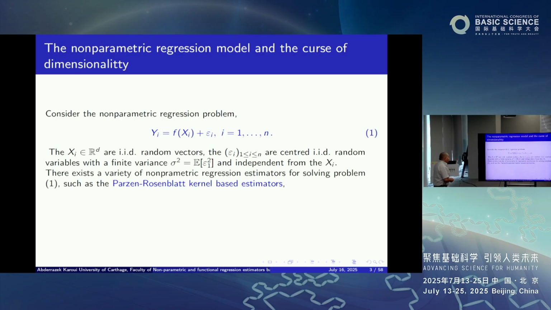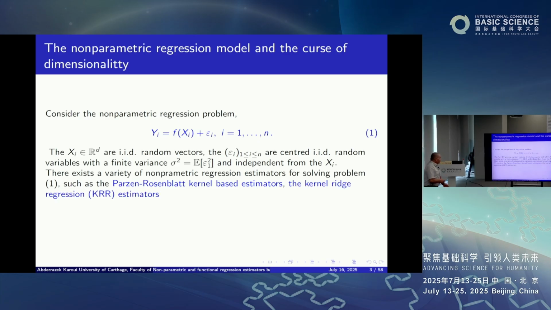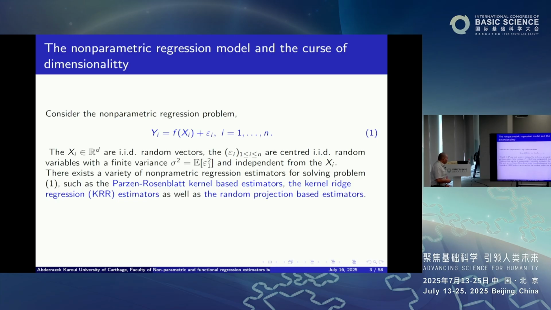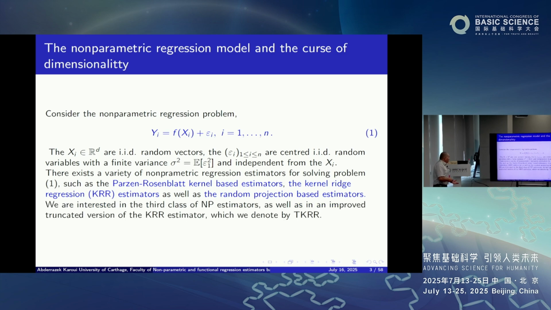There exists a variety of non-parametric regression estimators for solving such problems, such as Nadaraya-Watson kernel-based estimators, the kernel ridge regression estimators, and the random projection-based estimators. And there are other kinds of estimators. We are interested in the third class of estimators, as well as the truncated kernel ridge regression estimators.